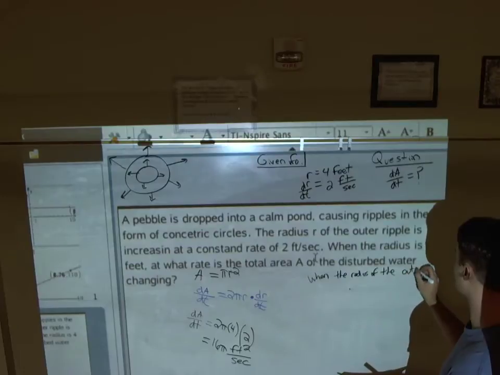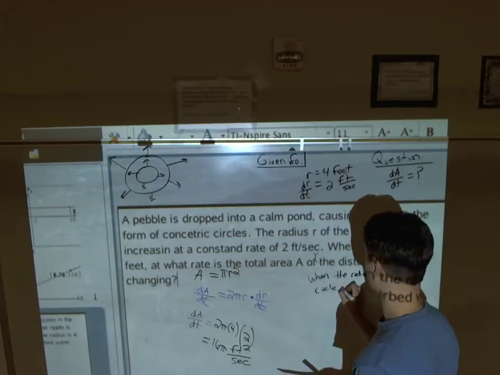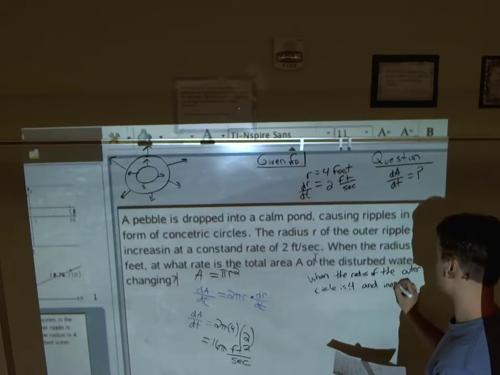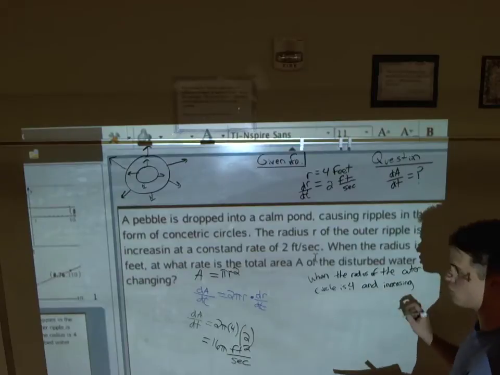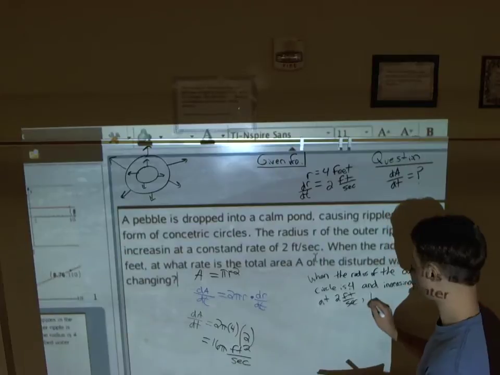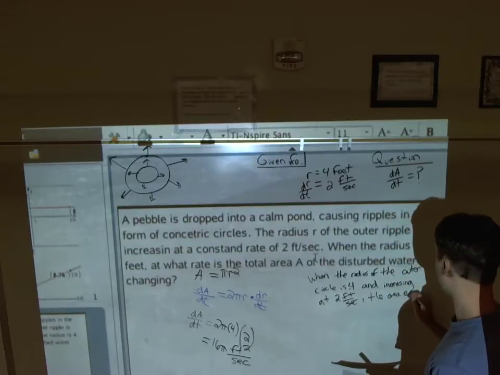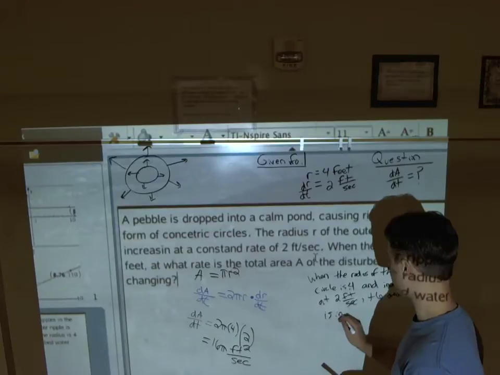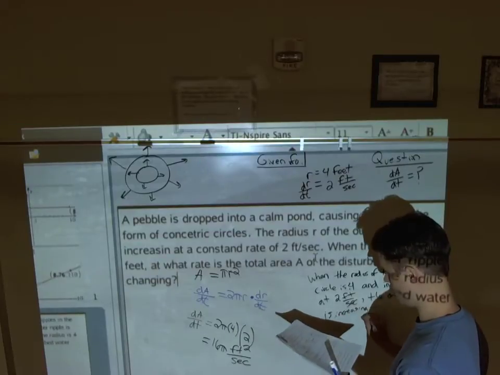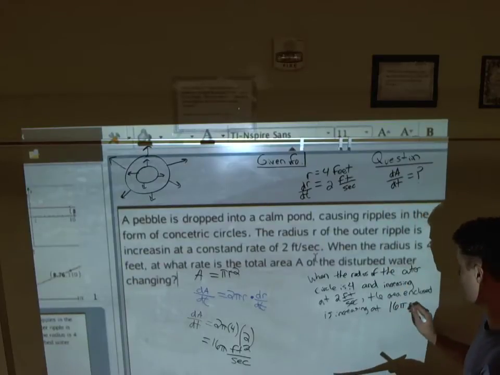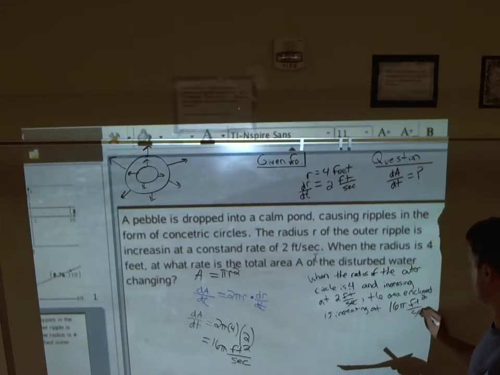Of the outer circle is 4 and increasing, so that radius, you can put radius again, increasing at 2 feet per second. The area enclosed by the circle's total, defined by the outer edge, is increasing at 16 pi feet squared per second.